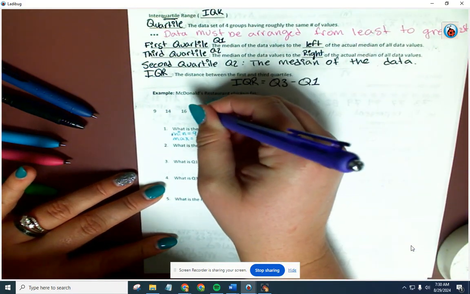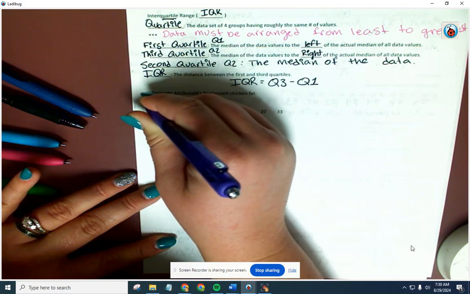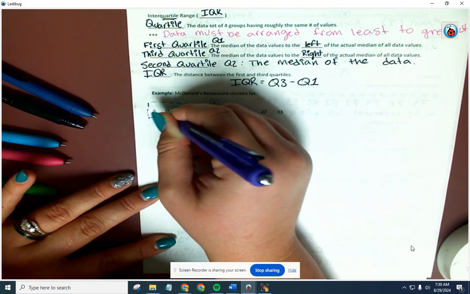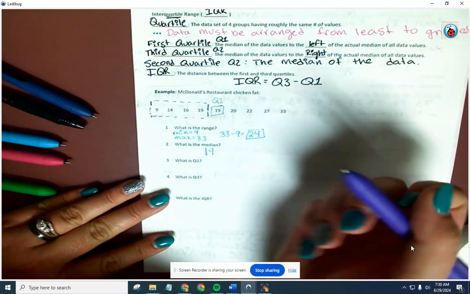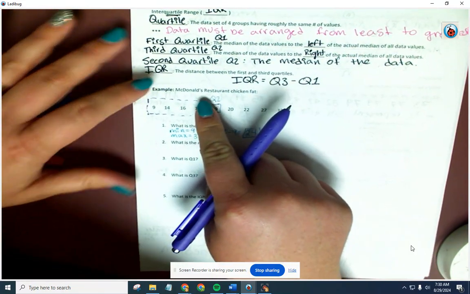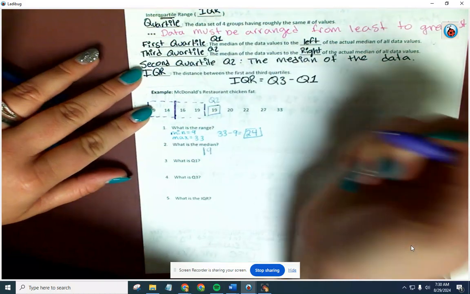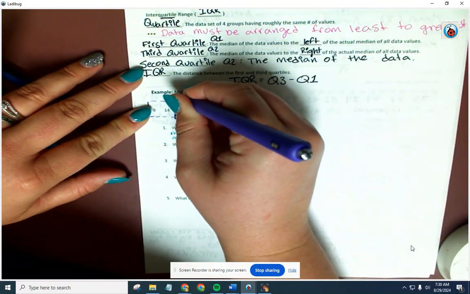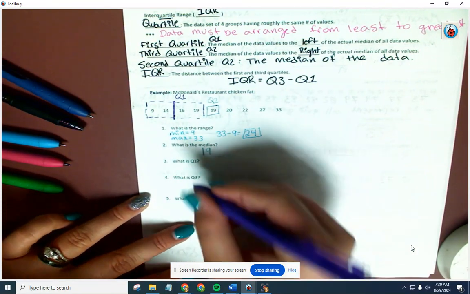So Q1 is going to be looking at the data values to the left of the median. So we want to find the median of these four numbers. If we go from the inside out, the middle two numbers are 14 and 16. So Q1 is going to be whatever number is between 14 and 16.